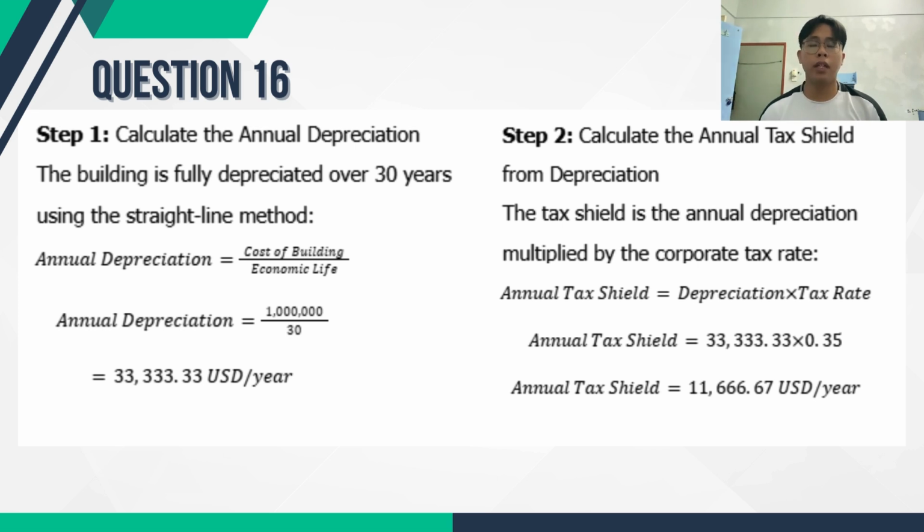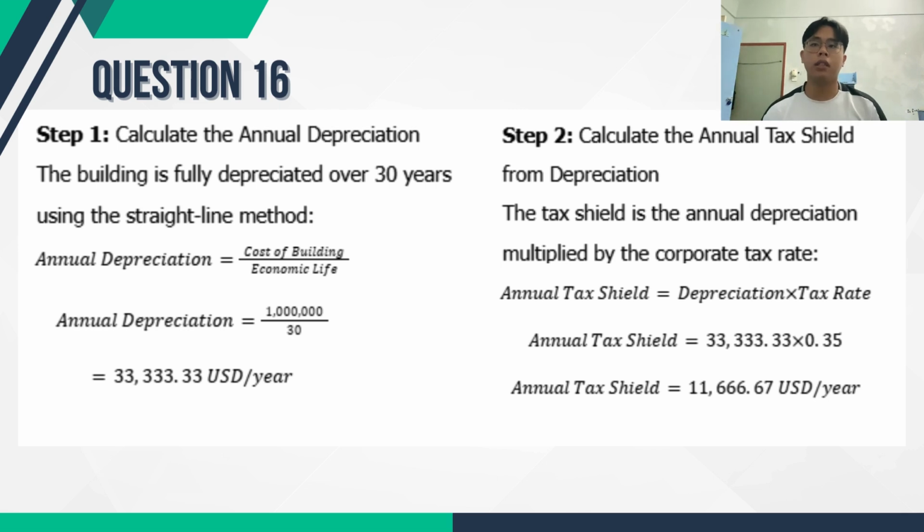The cost of the building, as stated in the question, is $1 million, and the economic life is 30 years. So we divide these two numbers, and it would be equal to $33,333.33 per year.